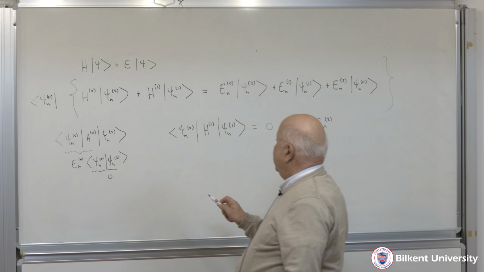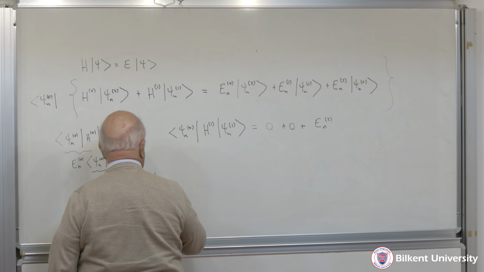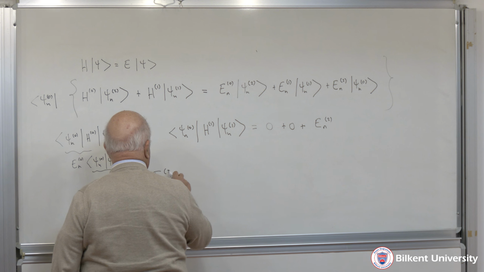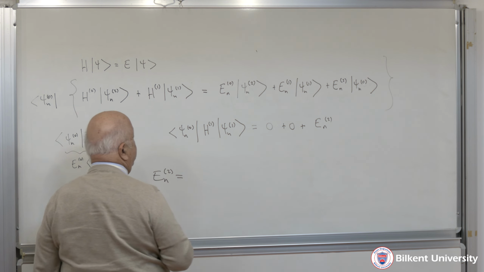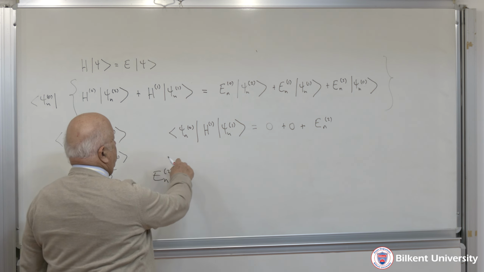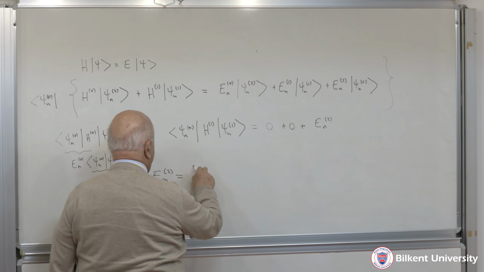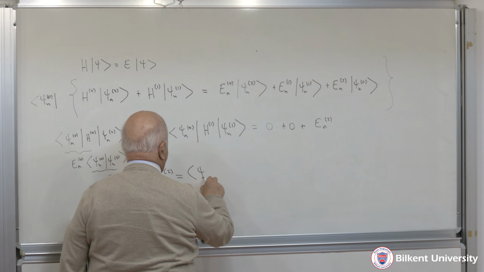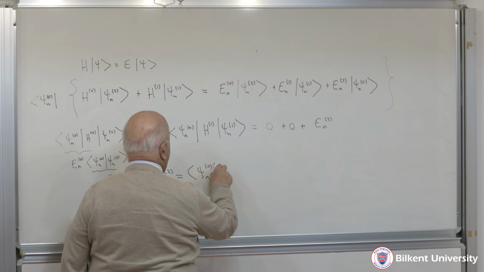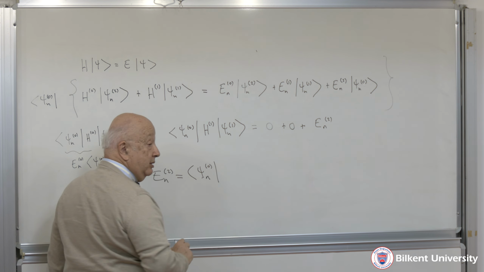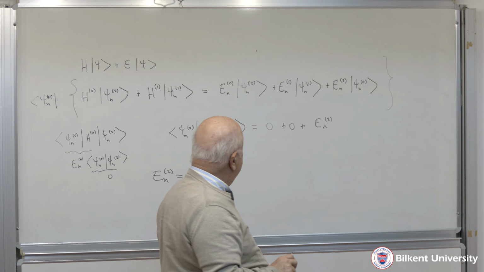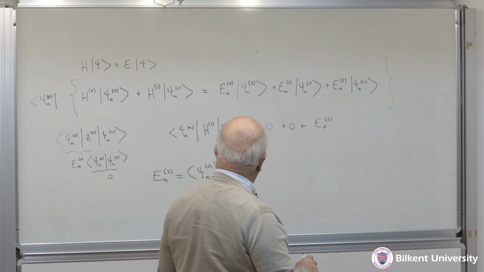So what is En2? Let's look at that. En2 is equal to this object here, right? So psi n0, yes. Isn't this also 0 because h1 operates on psi n1?